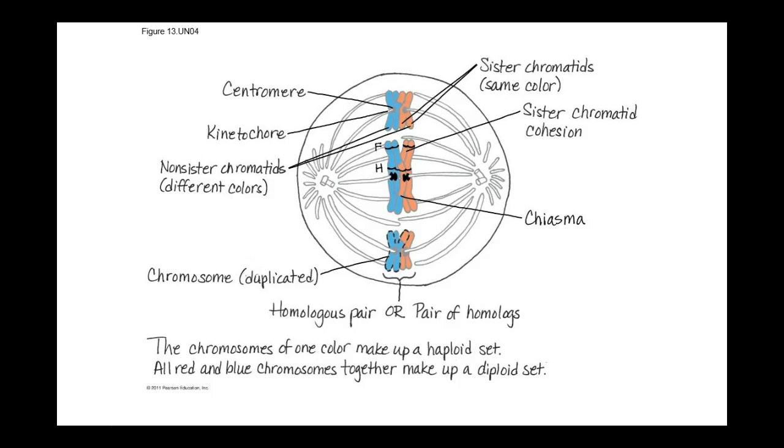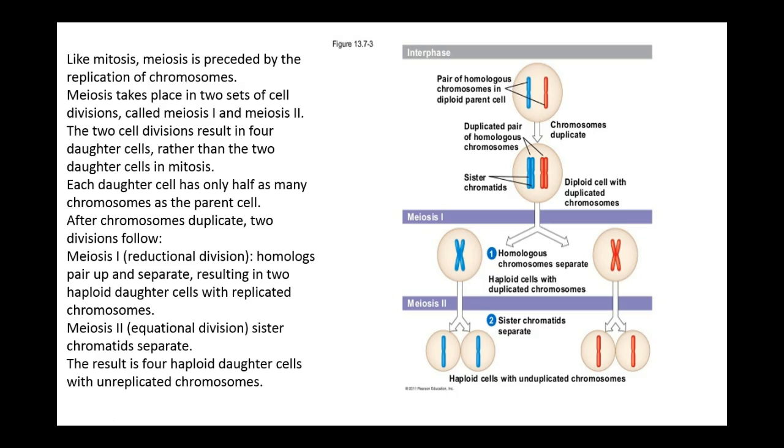So it's just a review here, and if this works for you, then print it out and look at it with regard to where the key players are in this process of mitosis and also meiosis.